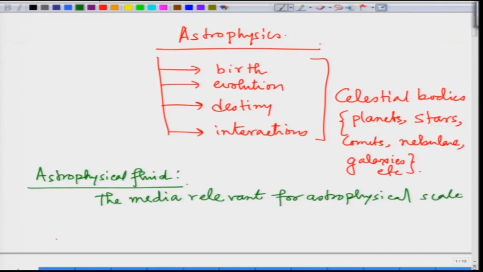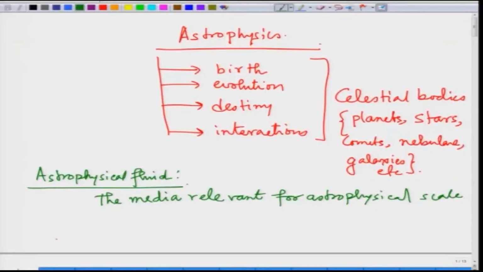Astrophysical scale simply means a specific length scale which varies from 100 astronomical units to the order of 1 parsec. In terms of kilometers, 1 astronomical unit is of the order of 10 to the power 8 kilometers, and 1 parsec is 10 to the power 13 kilometers.